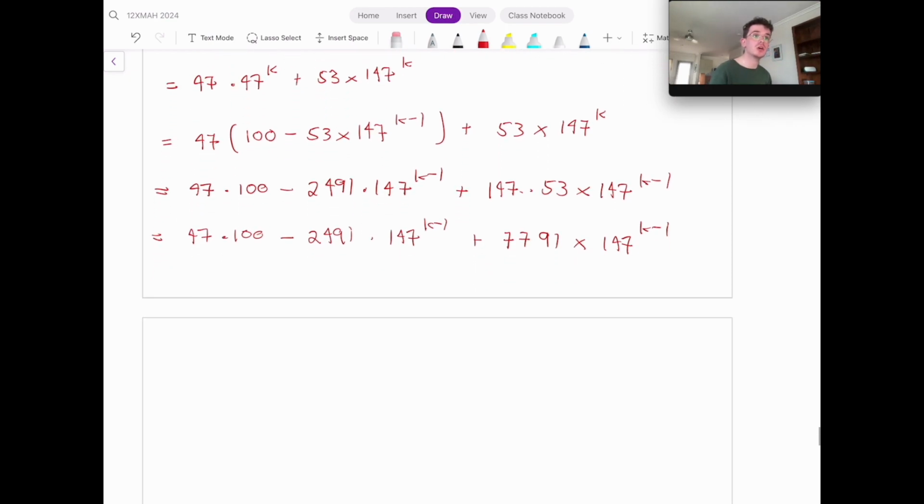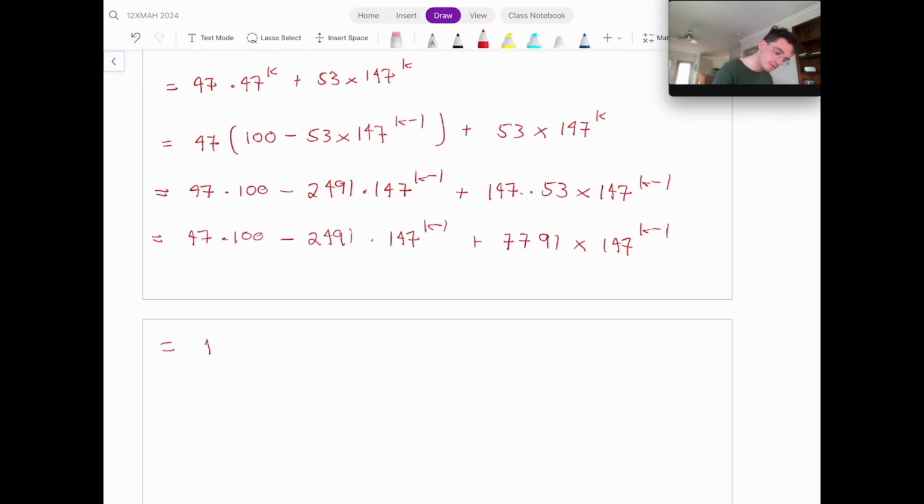Now those are like terms. We add our like terms. We've still got our 47 times 100p minus 2,491 plus 7,791 is 5,300. So times 5,300, 147 to the k minus 1, which is nice because 5,300 is divisible by 100. Take out a factor of 100, we've got 47p plus 53 times 147 to the k minus 1.